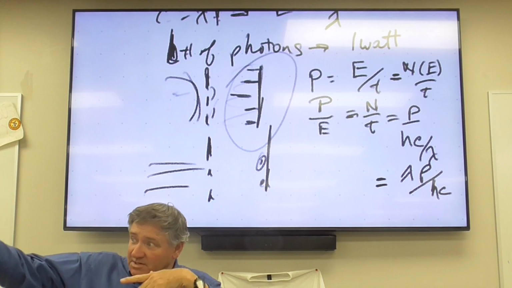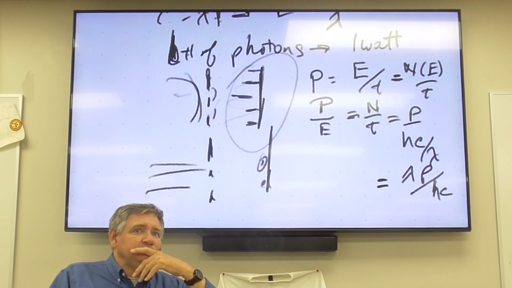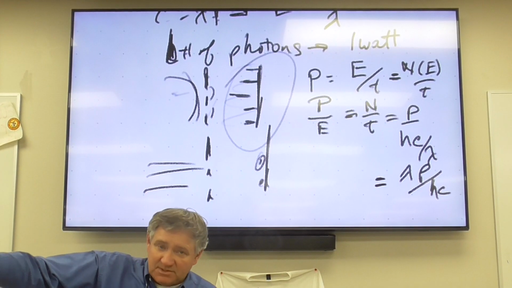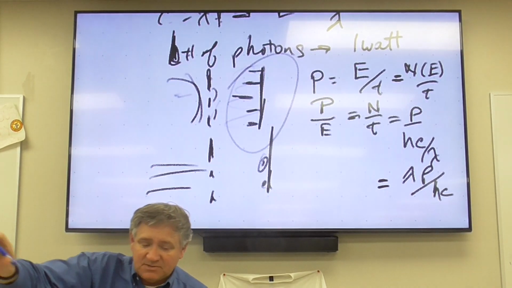But, and this is what we're going to start to talk about today, what's called the photoelectric effect. So the very short version, we'll talk a lot more about this over the next 3 days.